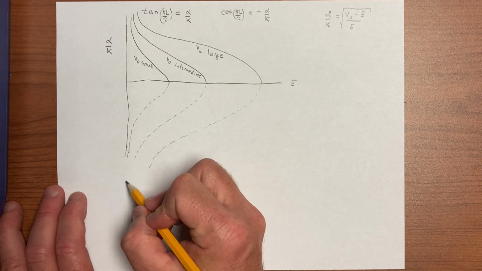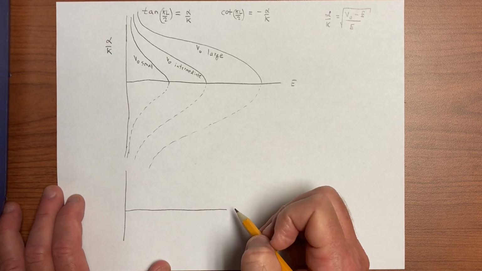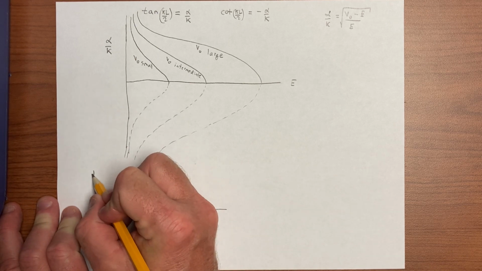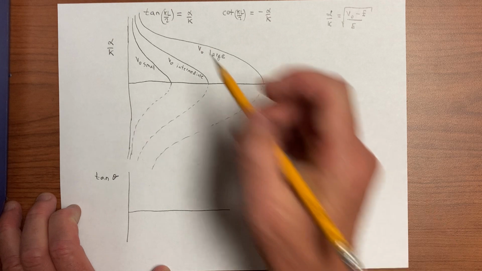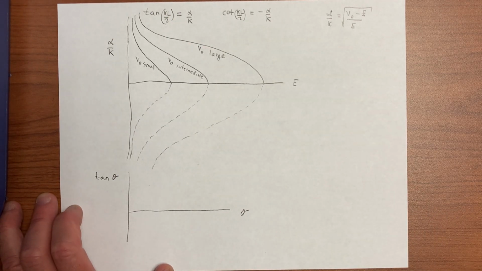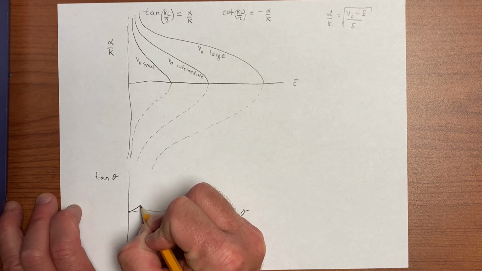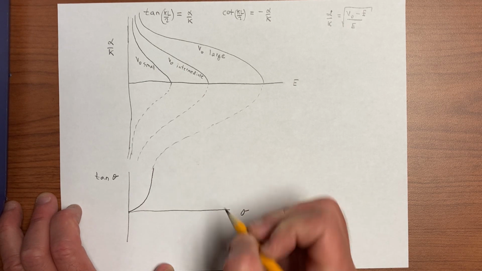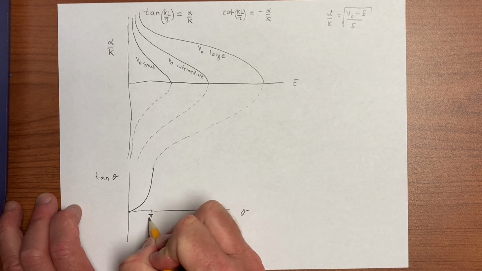So let's think of plotting the tangent. Tangent of theta, where theta is really KL over 2. Here's theta. The tangent is just the sine over the cosine. So this goes at 0, and then it goes to infinity at the value pi over 2.